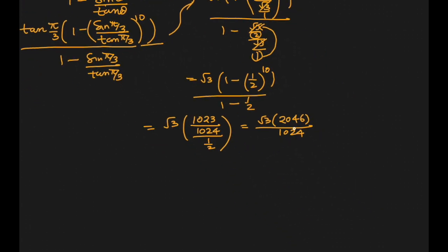And they are both even numbers, so they can be divided by 2. So 1023 square root 3 divided by 512, if I divide both of them by 2, and this should be the answer.